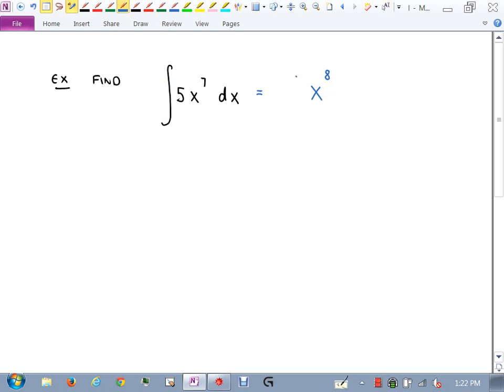So how about like this? 5 over 8. So what would happen? The 8 would come out, and then it would cancel with that 8 on the bottom, and all it would be left with is the 5. And then I say plus C, and I'm done. Does that seem straightforward?